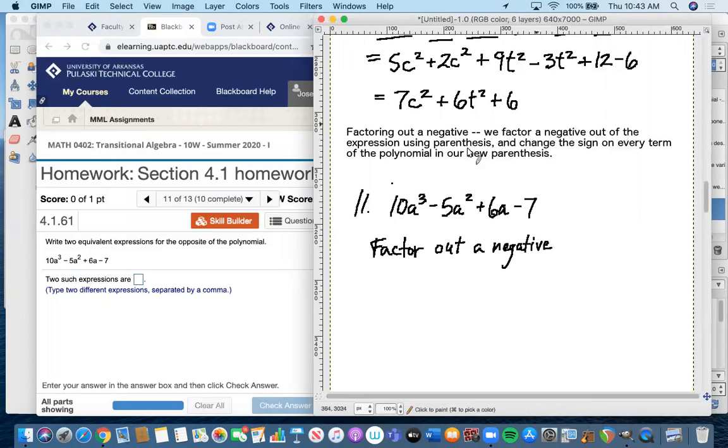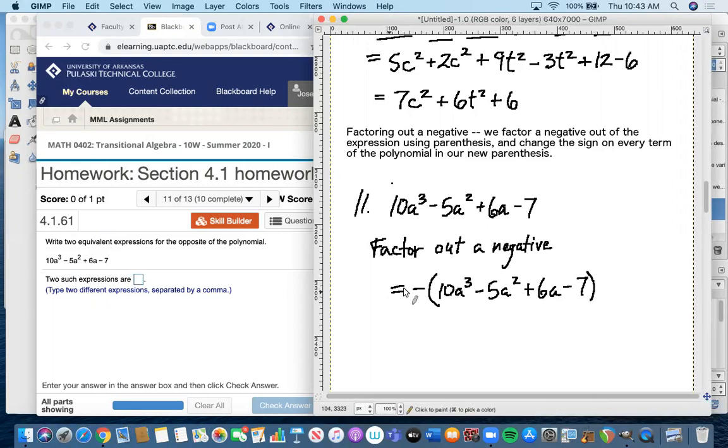So we factor out a negative of the expression using parentheses. Here's what we do. To factor out a negative, you're just going to write equals. You're just going to introduce a negative on the outside, and then put the polynomial inside the parentheses: 10a to the third minus 5a squared plus 6a minus 7.